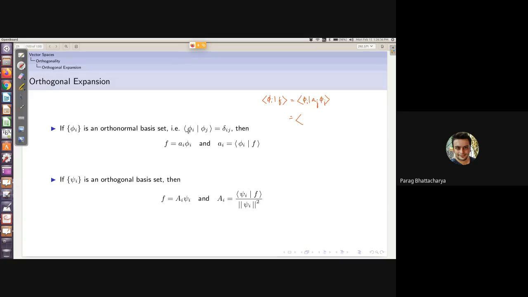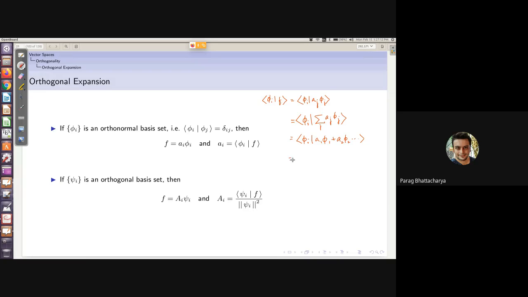So we have phi i with a summation over j of a_j phi j. Now you expand this: a_1 phi 1, a_2 phi 2, and so on. And one of these will be a_i phi i.